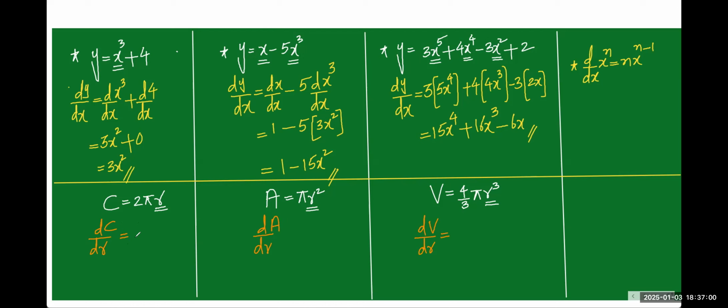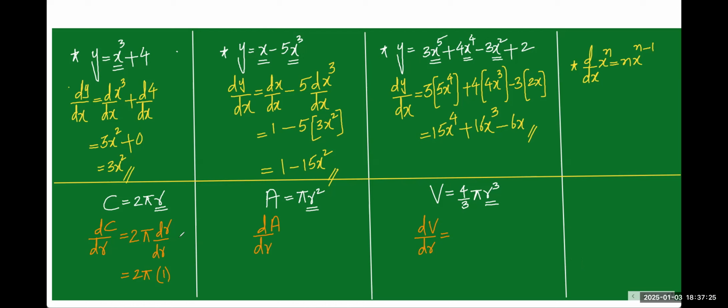Now the answers. 2 is a constant. Pi is also a constant. Now r with respect to r. So what's the answer? 2 pi only, because r with respect to r is 1. x with respect to x is 1. r with respect to r is 1. p with respect to p is 1. t with respect to t is 1. y with respect to y is 1.